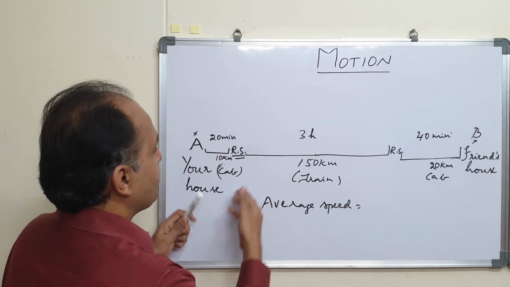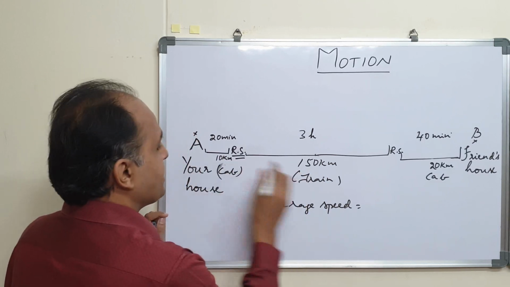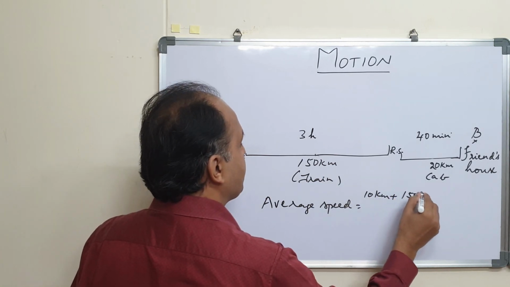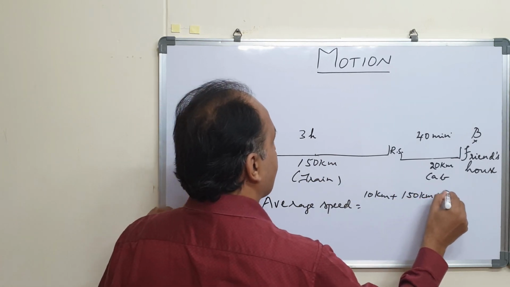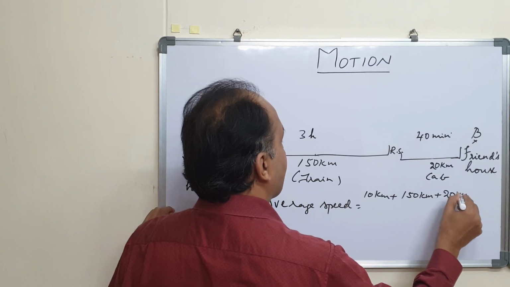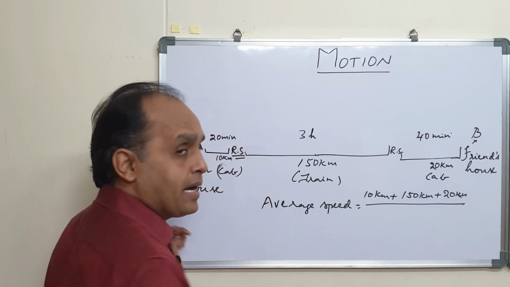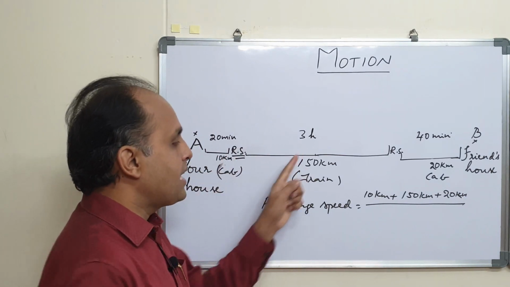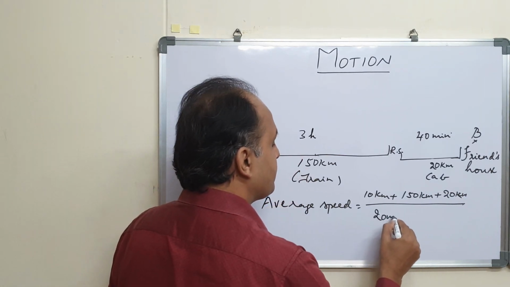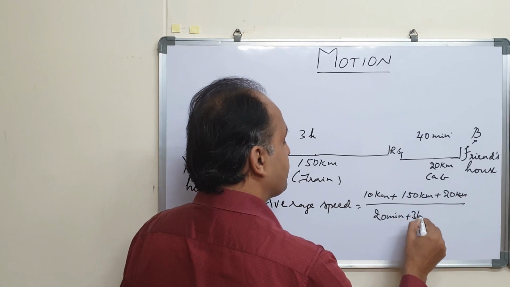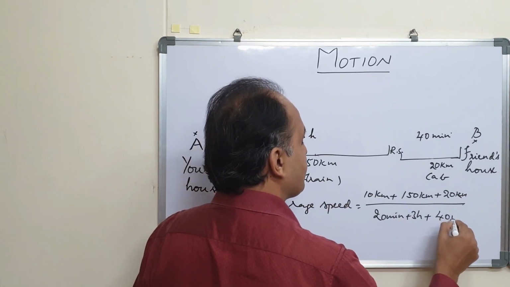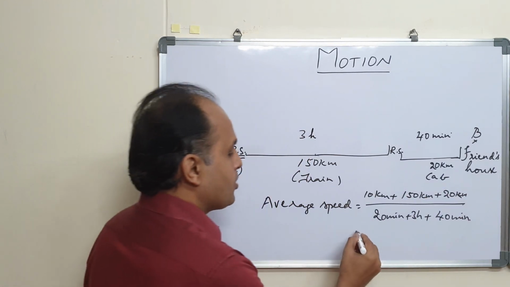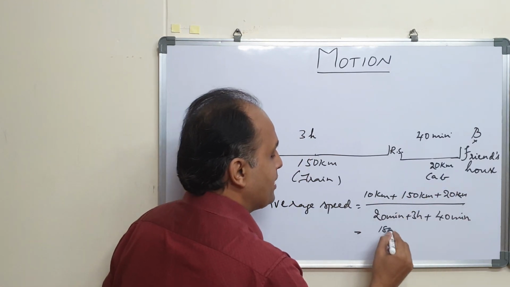Let us evaluate over here. The total distance is 10 kilometers by cab plus 150 kilometers by train plus 20 kilometers again by cab, divided by the times taken: 20 minutes, 3 hours, and again 40 minutes. So this is 180 kilometers.